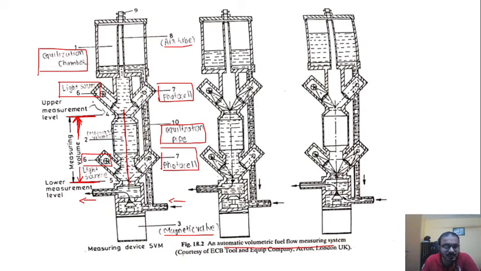The first signal when we start is that a light source is on, which is reflected on the photocell, so that a stopwatch or timer starts. This happens at the beginning of the measurement.